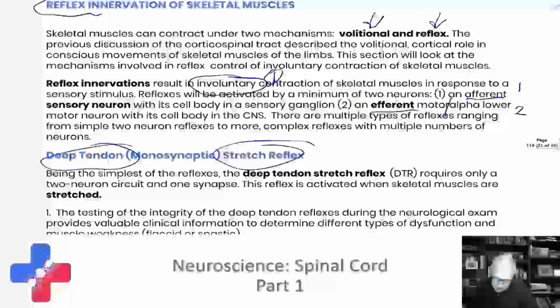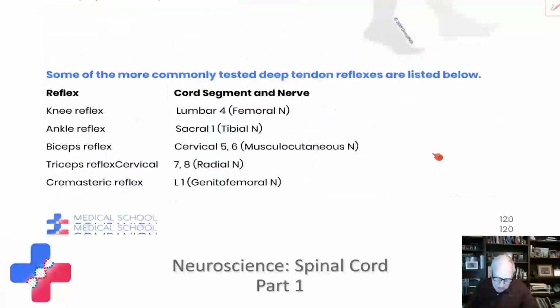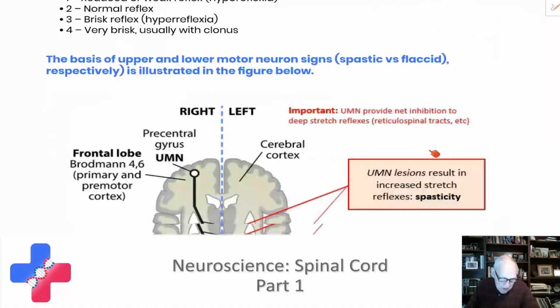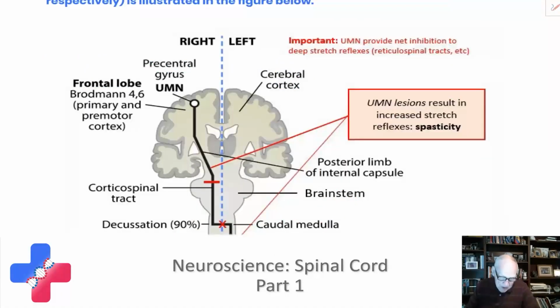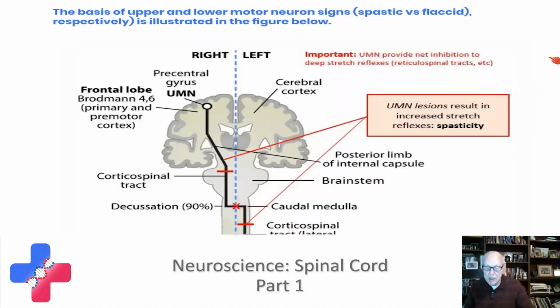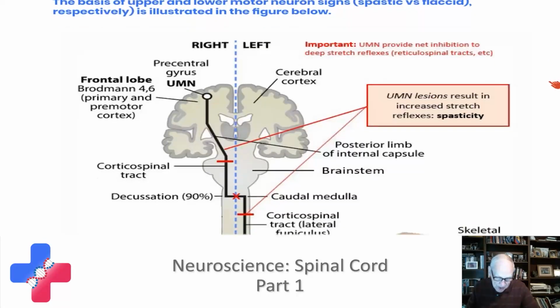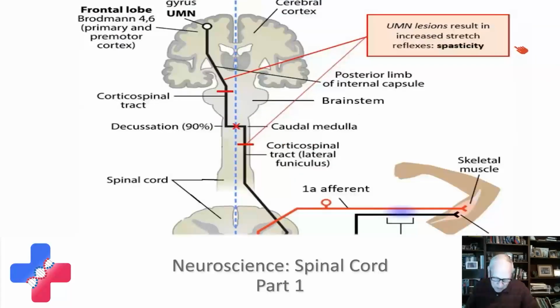So let's jump over a few more pages. Now, very important figure here, because this gives us the basis of why an upper motor neuron lesion is going to result in spasticity and why a lower motor neuron lesion will present flaccid signs. You recognize the diagram. We've seen this before.